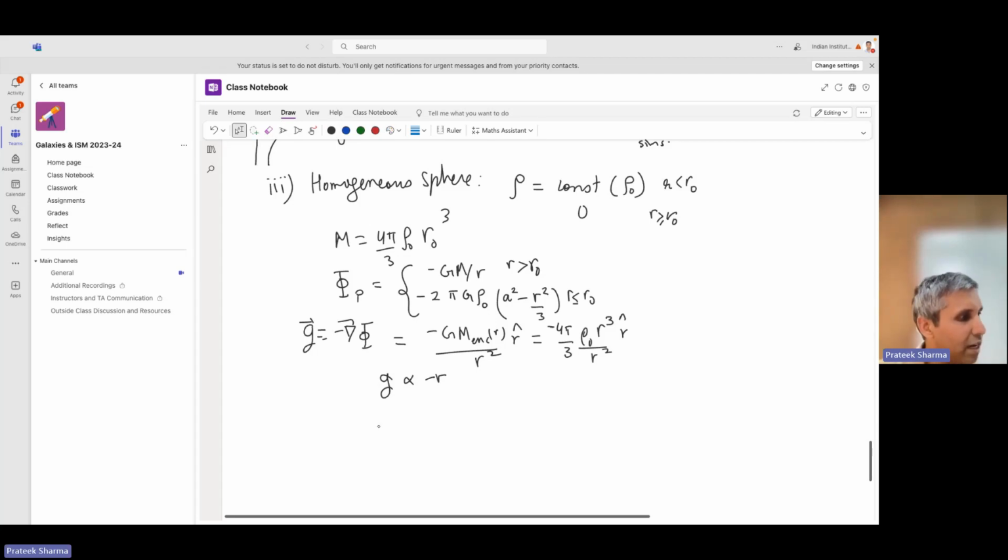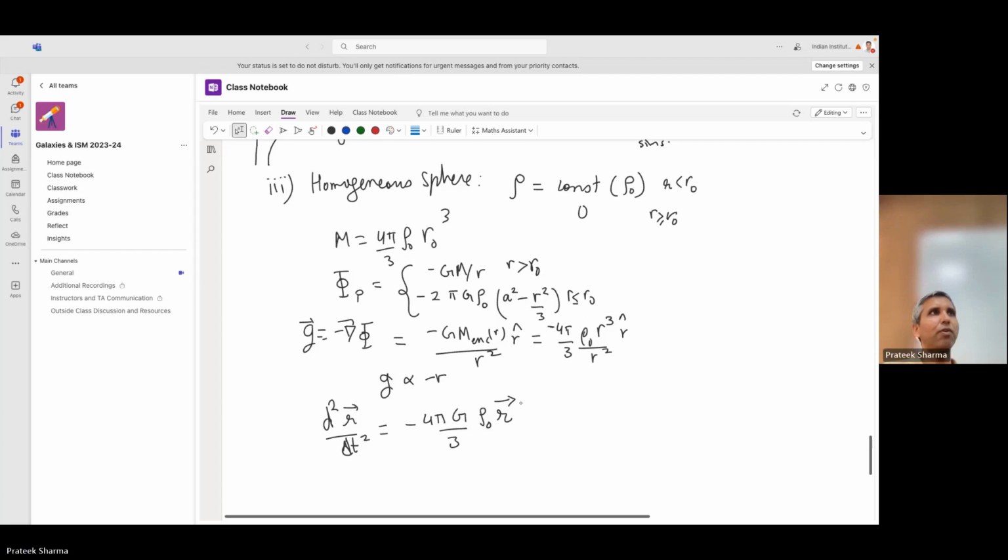Right? So if you write down the equation of motion for a test particle, r double dot is equal to minus 4 pi G by 3 rho naught r. So this looks like a harmonic oscillator.